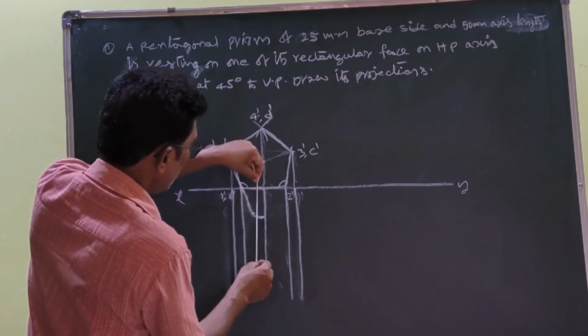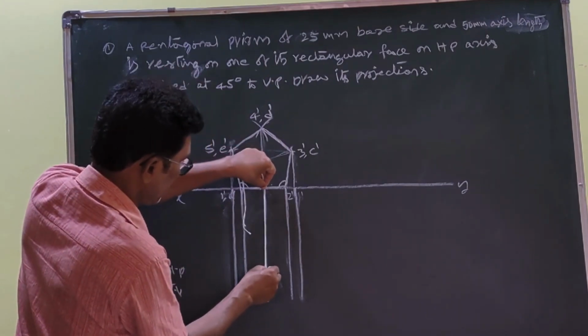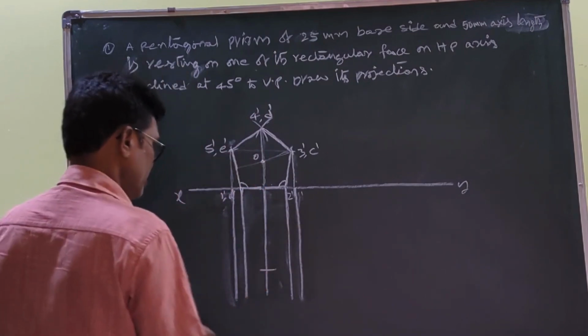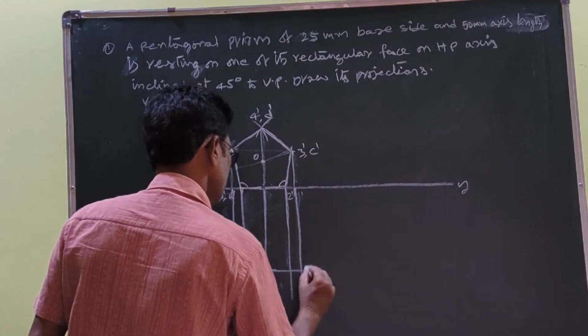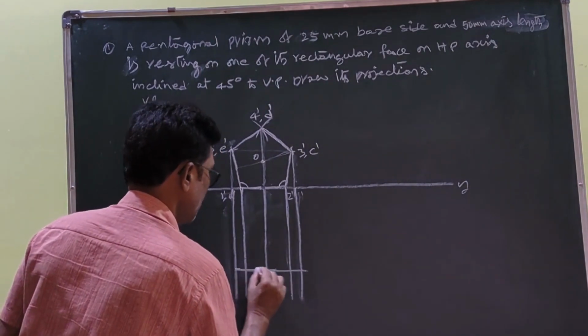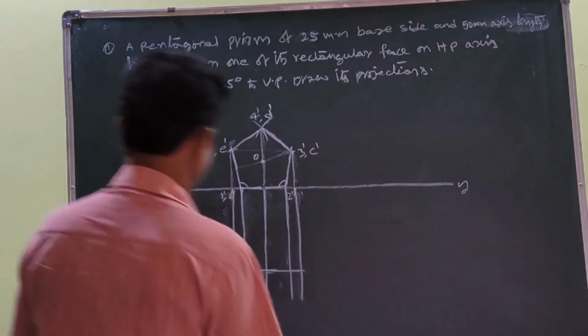So this is the point on the x-axis. With this point as a center, you draw an arc of 50 mm radius. Once you draw the arc, you draw a horizontal line parallel to the XY line.